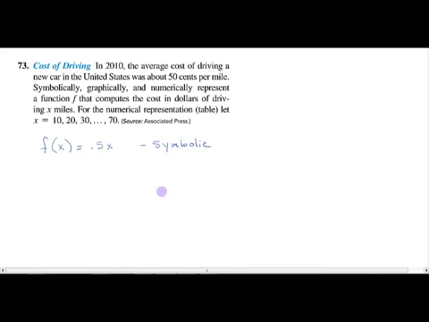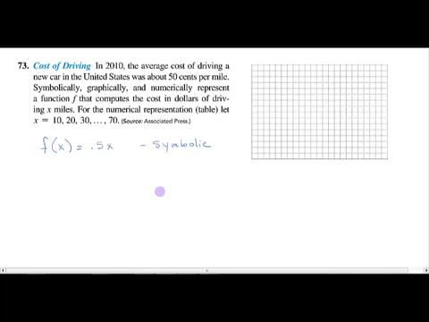And let's represent this graphically. So here we have a graphing grid, and along the x-axis is going to be our x miles. So x is in miles, and the y-axis is going to be the cost.